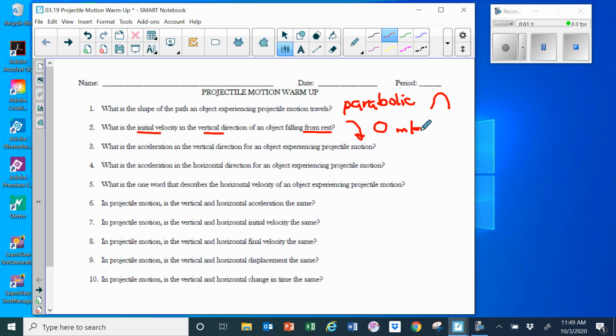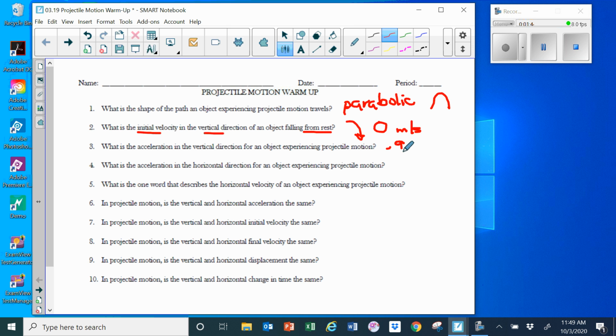Okay, what is the acceleration in the vertical direction of an object experiencing projectile motion? Well, it doesn't matter whether it's a horizontal projectile or a projectile that goes up and forward and back down. If it's an object in projectile motion, it's in free fall, and in the vertical direction the acceleration is going to be g, little g.